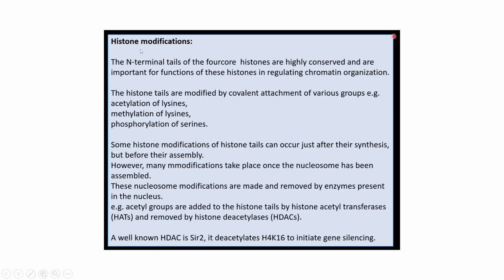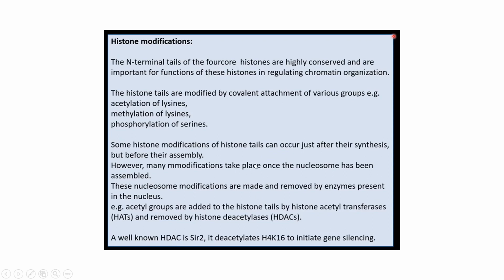Histone modifications, as I told, occur on the tail present at the histone N terminal. That tail plays a very important role in the modification process, and the different modifications on the tails govern the compactness of the DNA binding with the nucleosome particle.